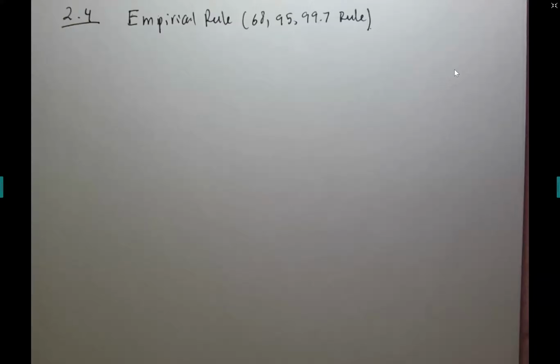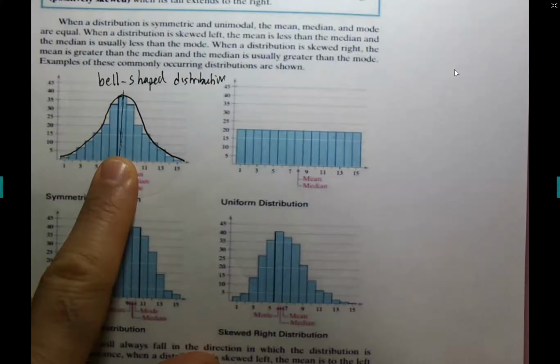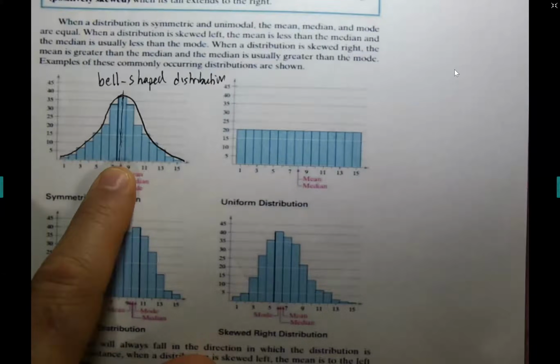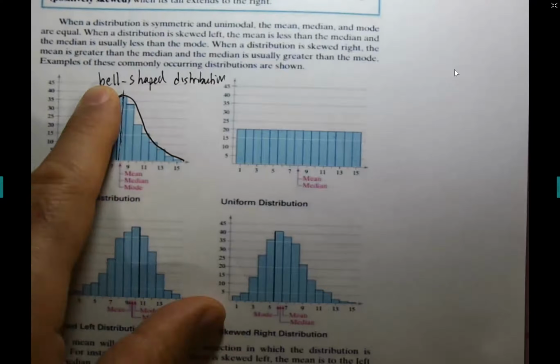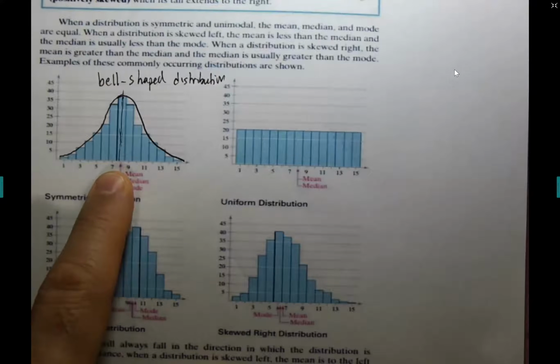which I'm going to show to you one more time. I said, when you graph data sets, you could get a shape like this, which is called a symmetric or bell-shaped distribution. The mean, median, and mode are all in the very middle, and they are all exactly the same.